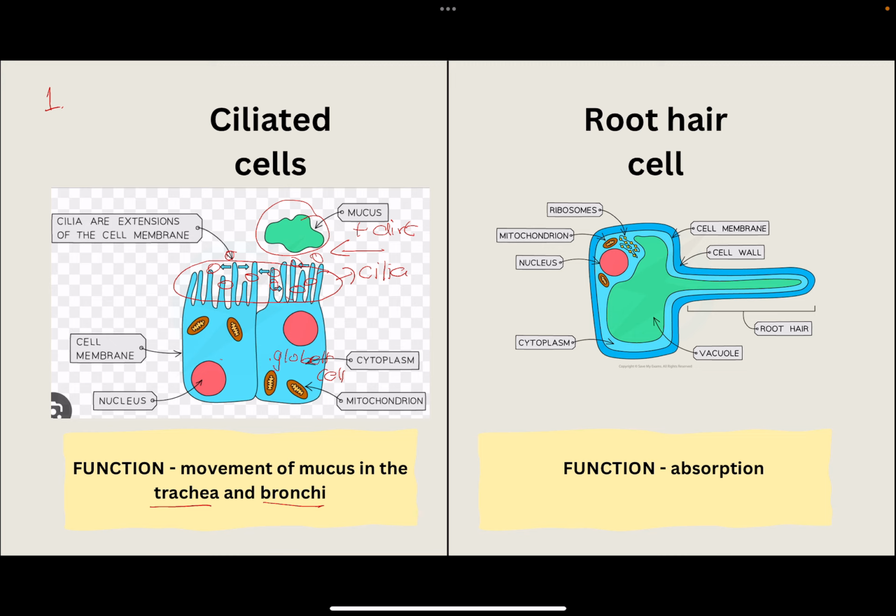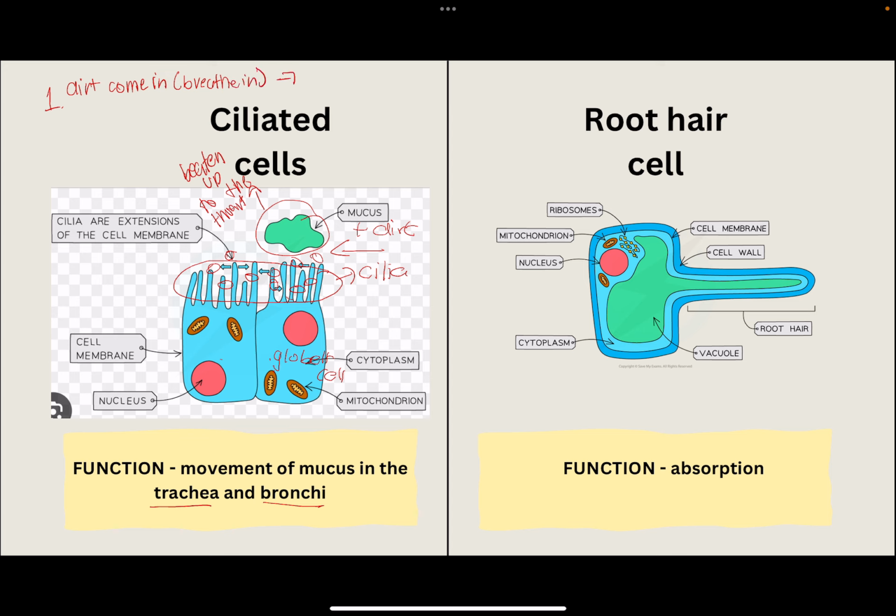and will be beaten up to the throat. So this will happen. This is how you can think of ciliated cells. You breathe in, and then what happens?